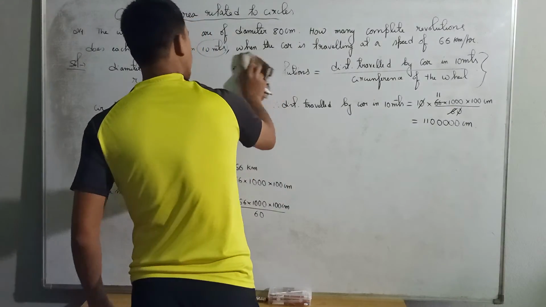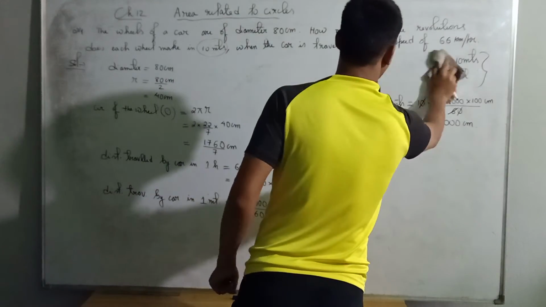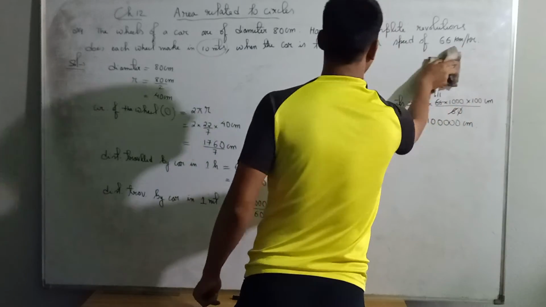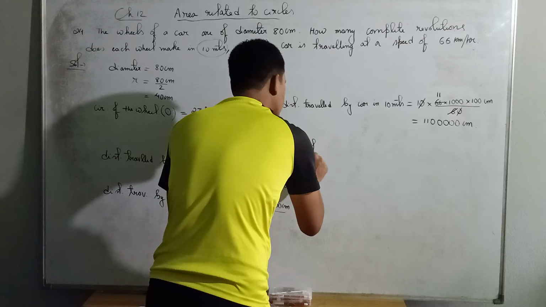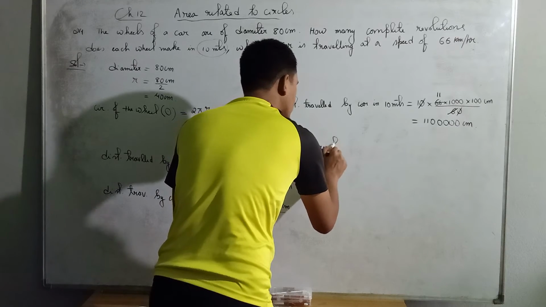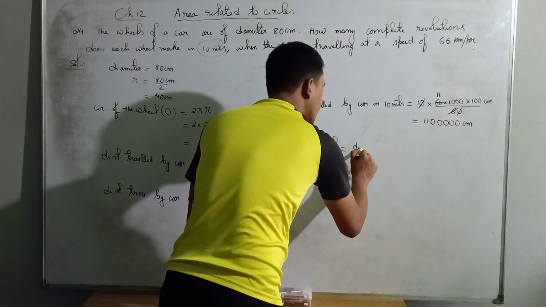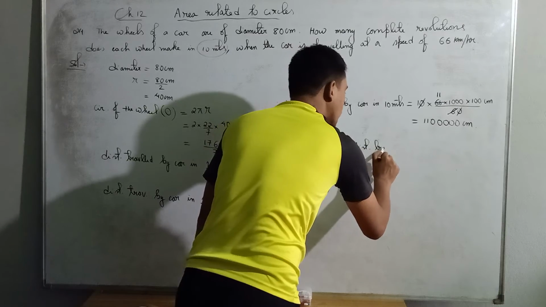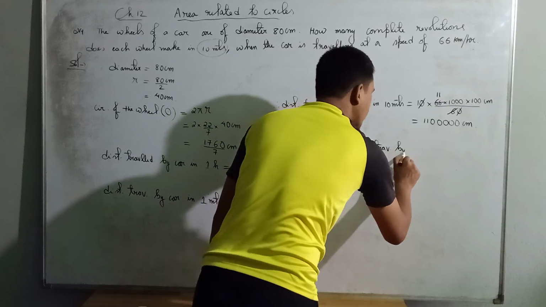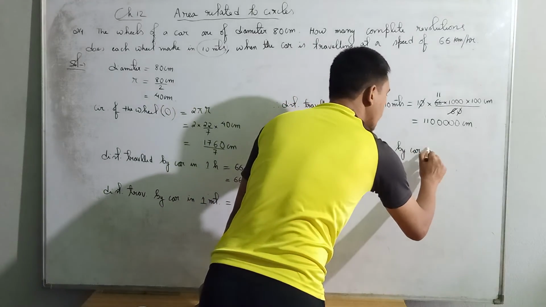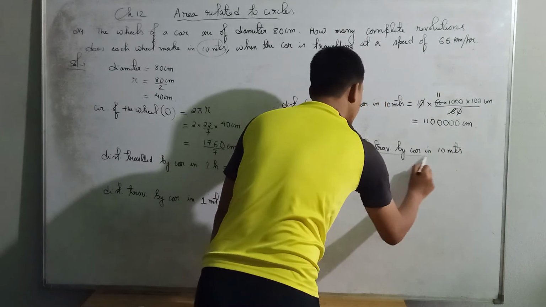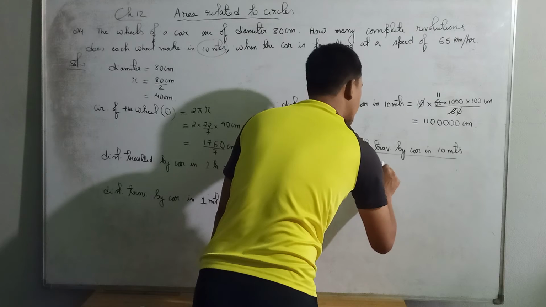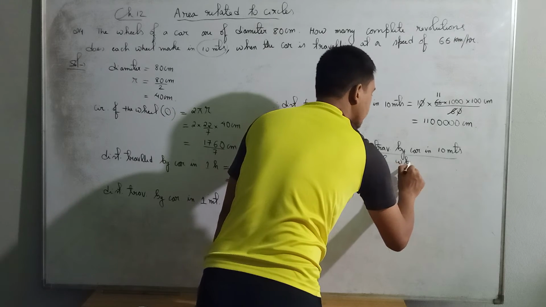Now you use the hint. We want to find the number of revolutions made by the wheel of the car. So the number of revolutions will be the distance traveled by the car in 10 minutes upon the circumference of the wheel.